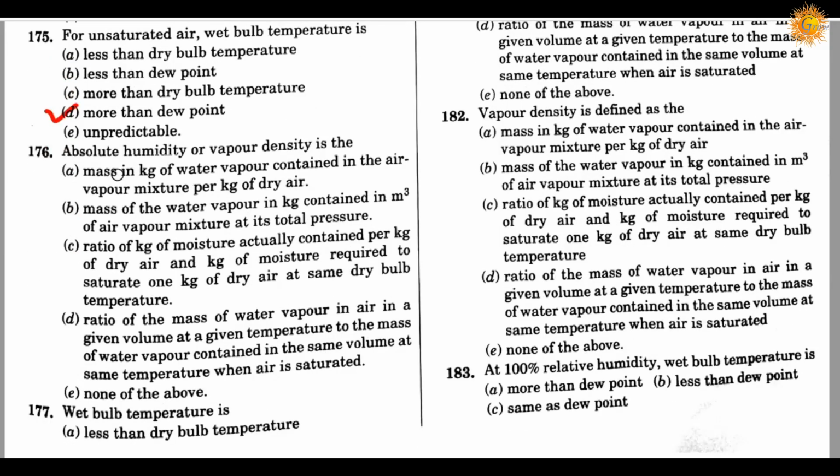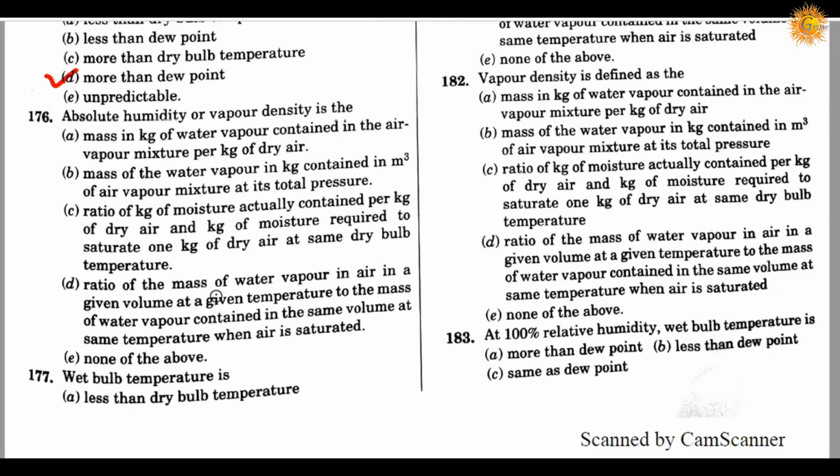Question number 176. Absolute humidity or vapor density is the: option A, mass in kilogram of water vapor contained in the air vapor mixture per kilogram of dry air; option B, mass of the water vapor in kilogram contained in meter cube of air vapor mixture at its total pressure; option C, ratio of kilogram of moisture actually contained per kilogram of dry air and kilogram of moisture required to saturate 1 kg of dry air at same dry bulb temperature; option D, ratio of the mass of water vapor in air in a given volume at a given temperature to the mass of water vapor contained in the same volume at same temperature when air is saturated; and option E, none of the above.